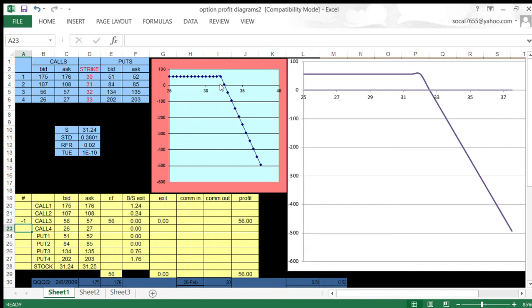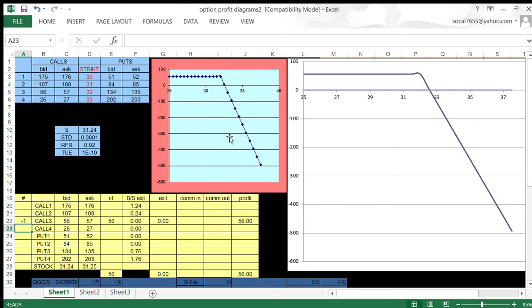The implication is the break even is 32.56, which makes sense because we received $56 when we wrote it, and the multiplier for the option is 100, so 56 cents on a per share basis is what we have to make up. So there's a break even here, excuse me, at 32.56. So one break even for the short call.